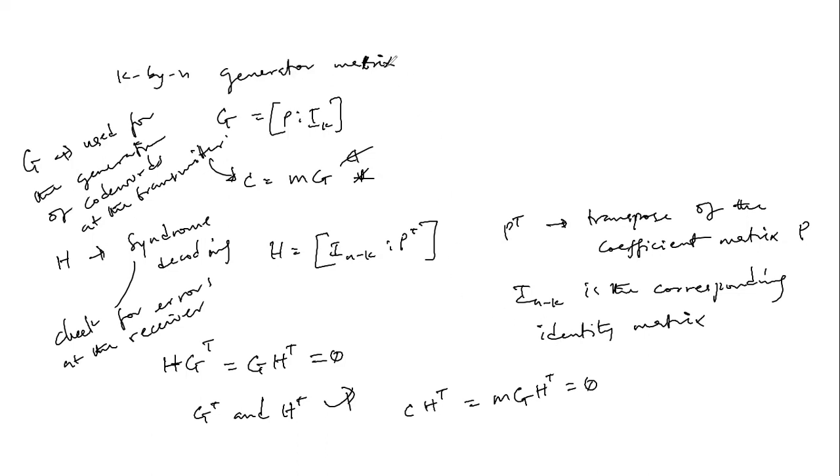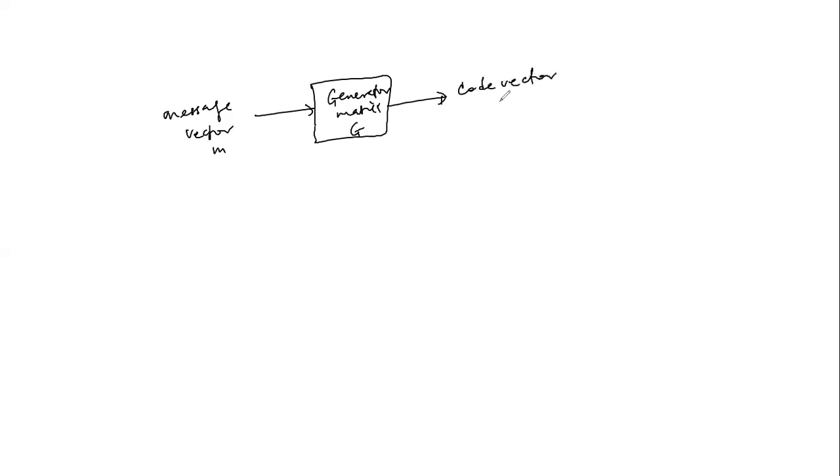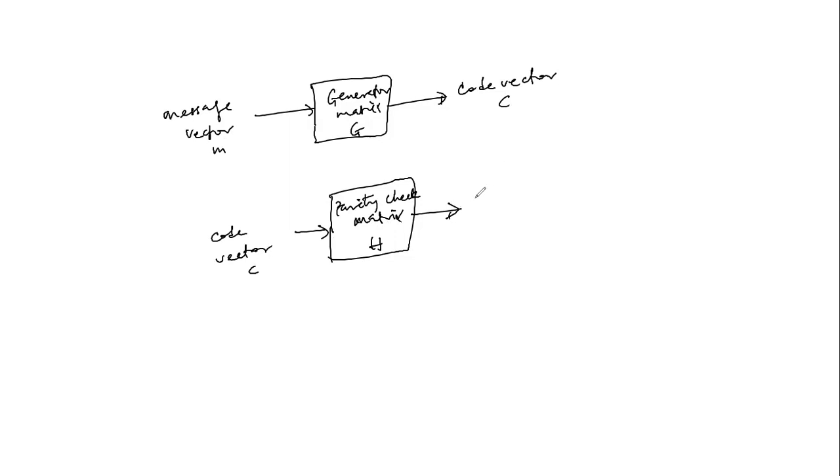Okay. Hence, we have that the generator matrix G takes in the message vector M and then gives an output of the code vector C. While the parity check matrix H takes in the code vector C, and then generates a null vector 0.